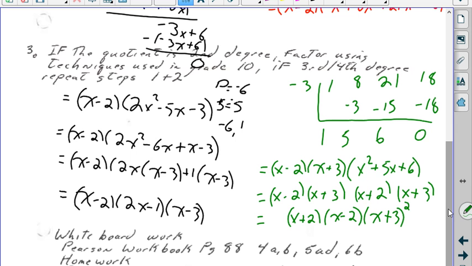So combining everything we've talked about the last couple days: find a factor by using the integral zero theorem. What is a nice integer that's a factor of the constant? Keep testing until you find one that is a factor, when you evaluate at that number, you get 0.